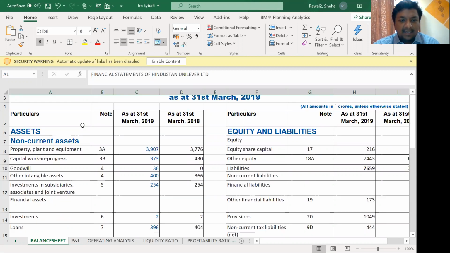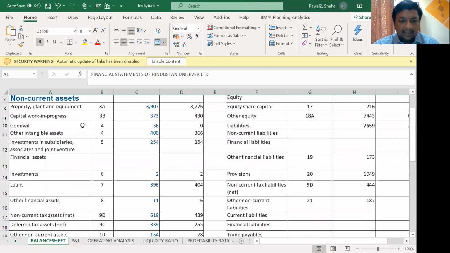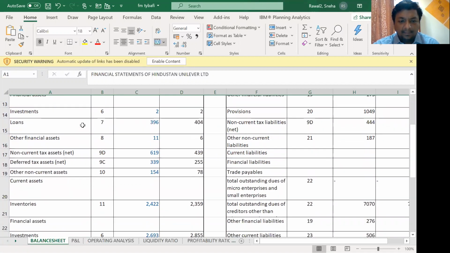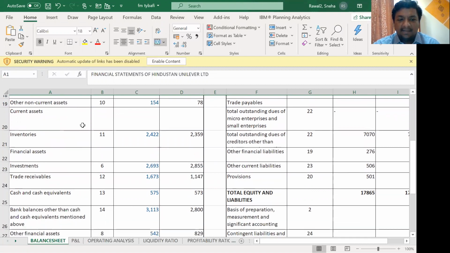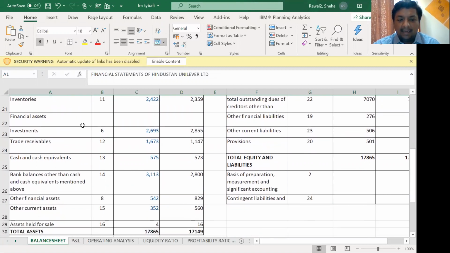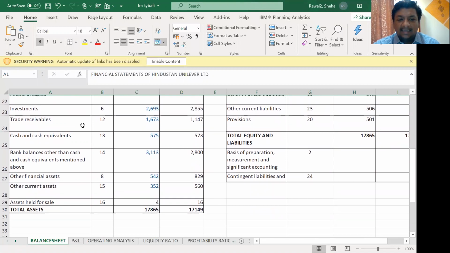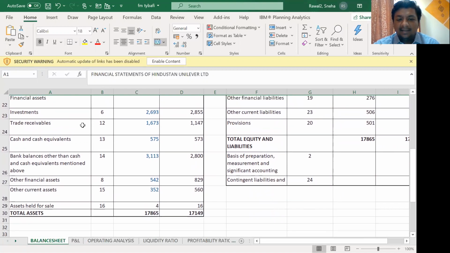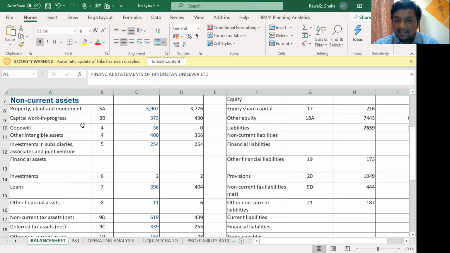It includes assets: non-current assets, current assets that include inventories, investments, trade receivables, cash, bank accounts, other financial assets, other current assets, assets held for sale. So your total balance sheet value is 17,865 crores. The amounts are here in crores.